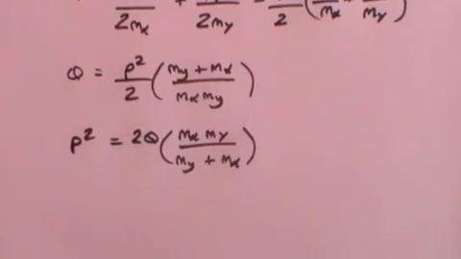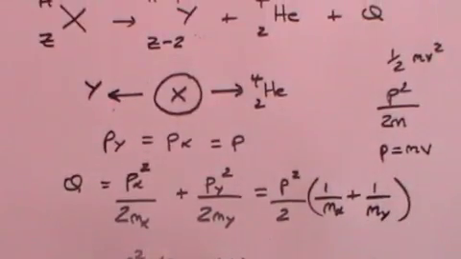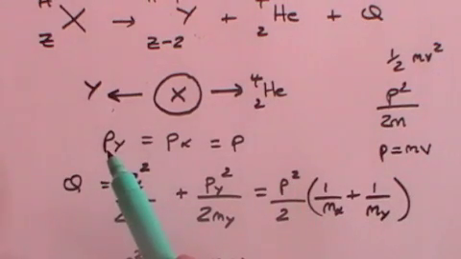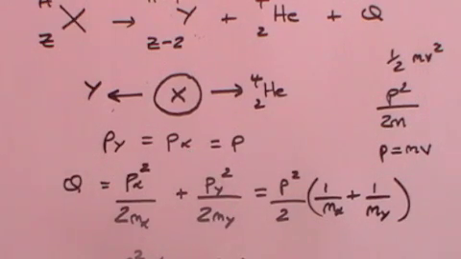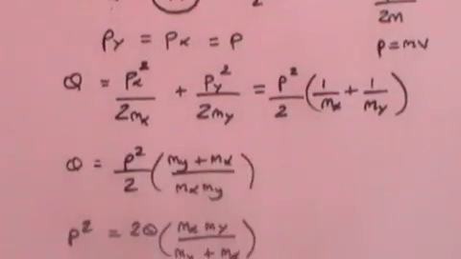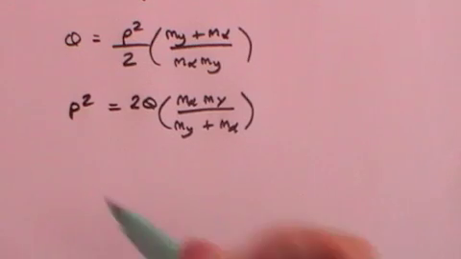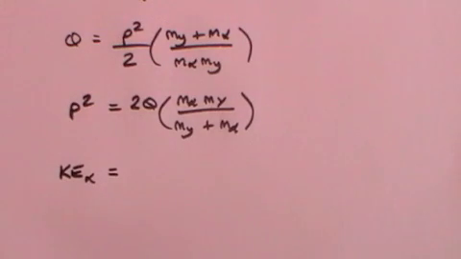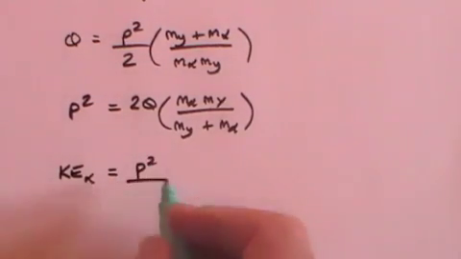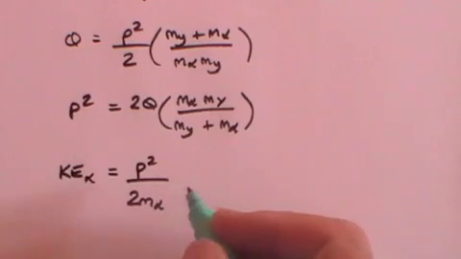So what is now the kinetic, and remember P is the momentum of the Y, and it's also equal to the momentum of the alpha particle because their magnitudes are the same. They have to be. We argued that. So what is the kinetic energy of the alpha particle? Well, it's going to be p squared divided by 2m alpha.